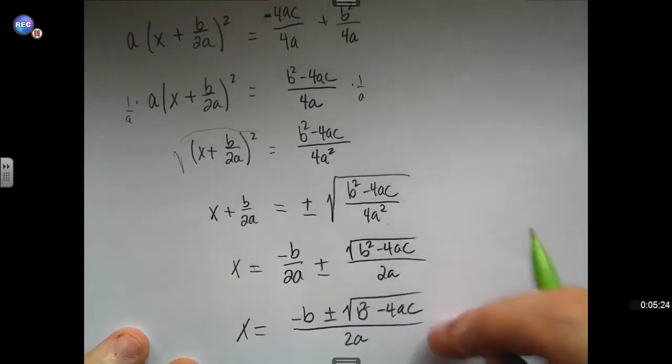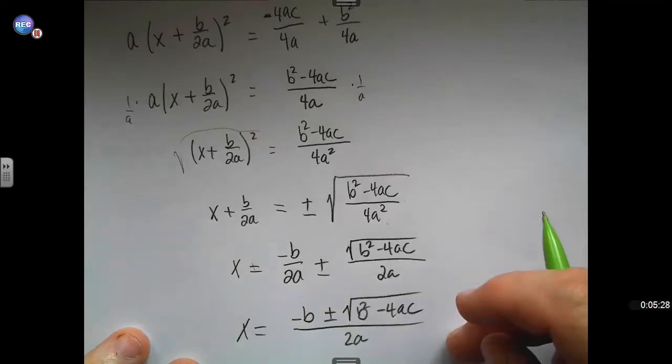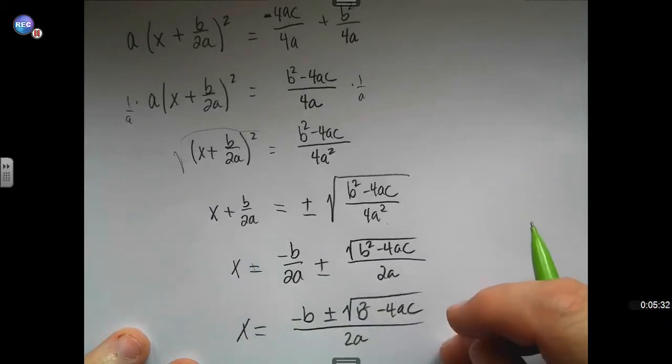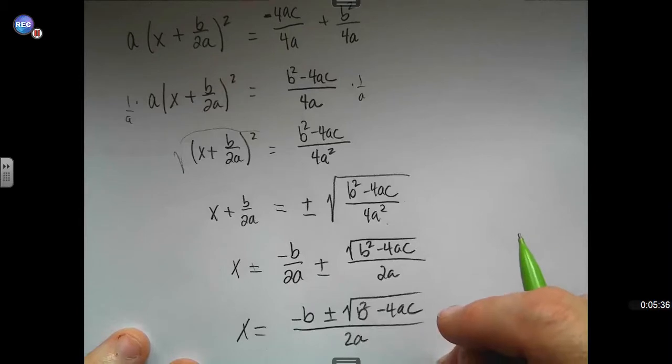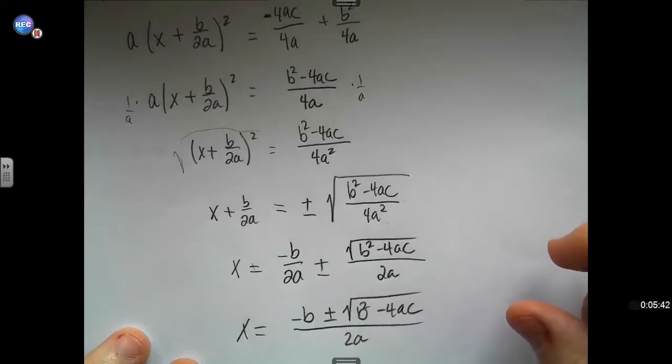And I can use that to solve any quadratic equation. Even if that quadratic equation factors, I could use this. Even if it's a binomial, the difference of two squares, I can use this. And even if it's just a regular, standard old quadratic equation that doesn't factor, maybe isn't a binomial, whatever, and we get an irrational answer.